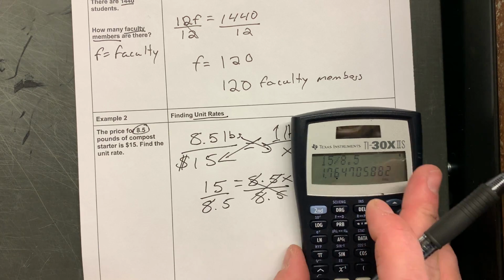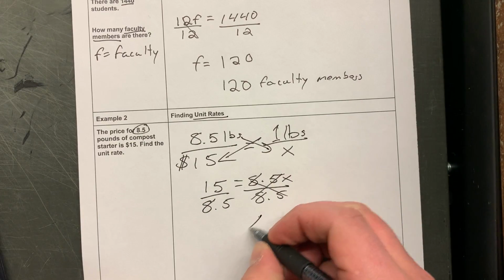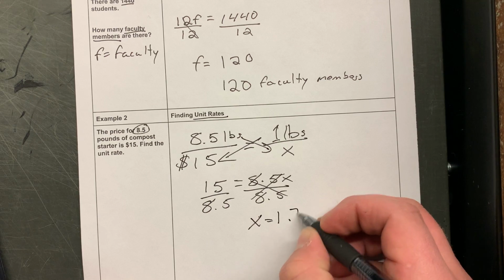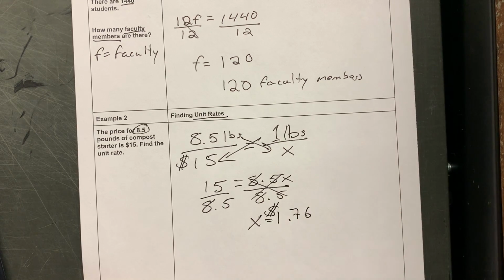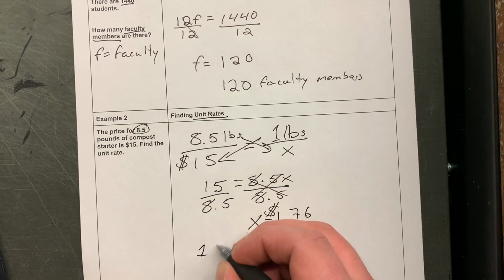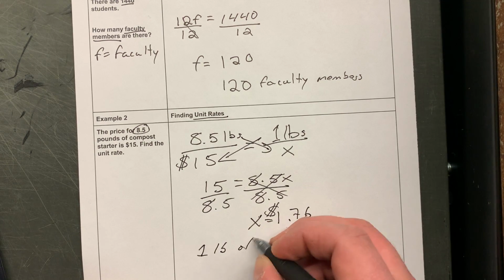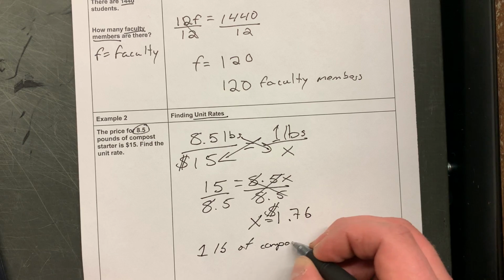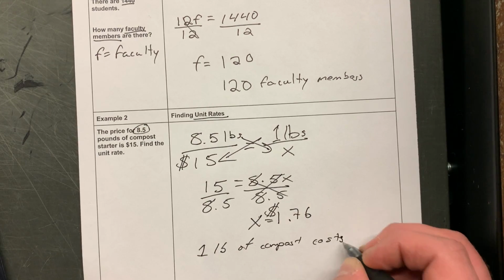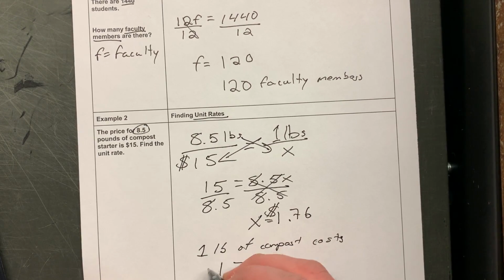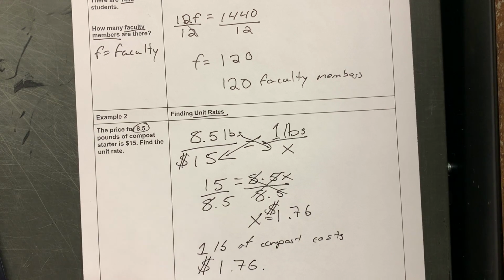The 4 goes down, so we're just going to keep it at 6. So our X value is equal to $1.76. So we can write this as: 1 pound of compost costs $1.76. And that's our unit rate.